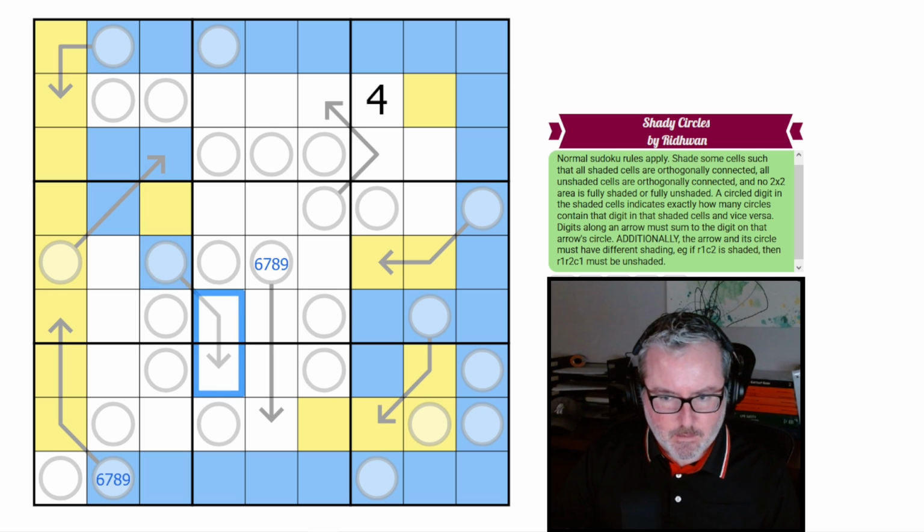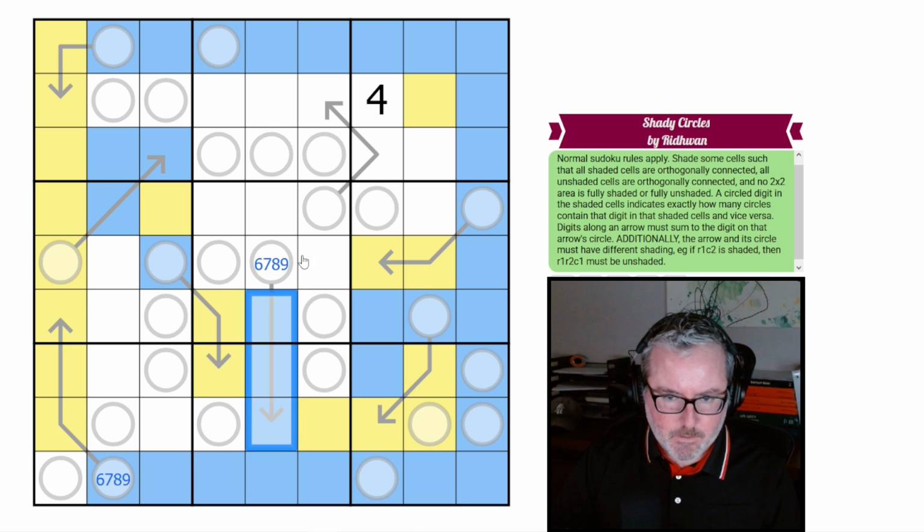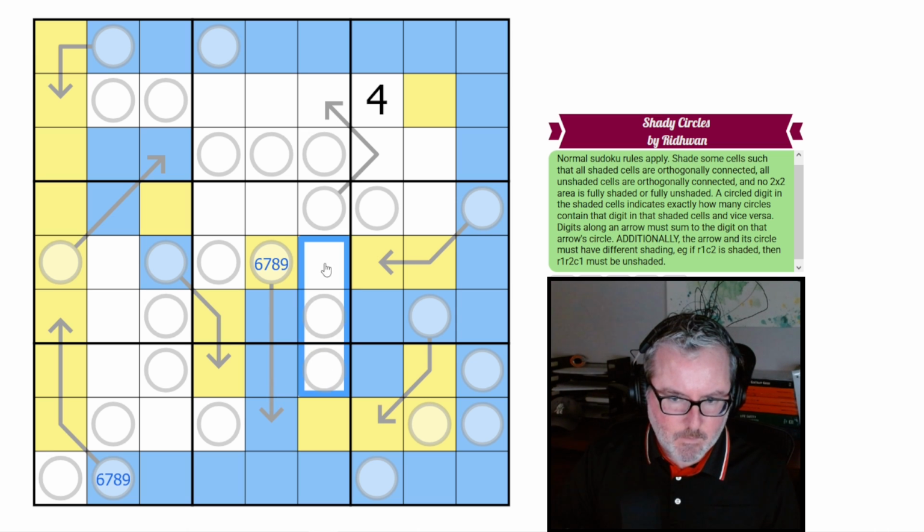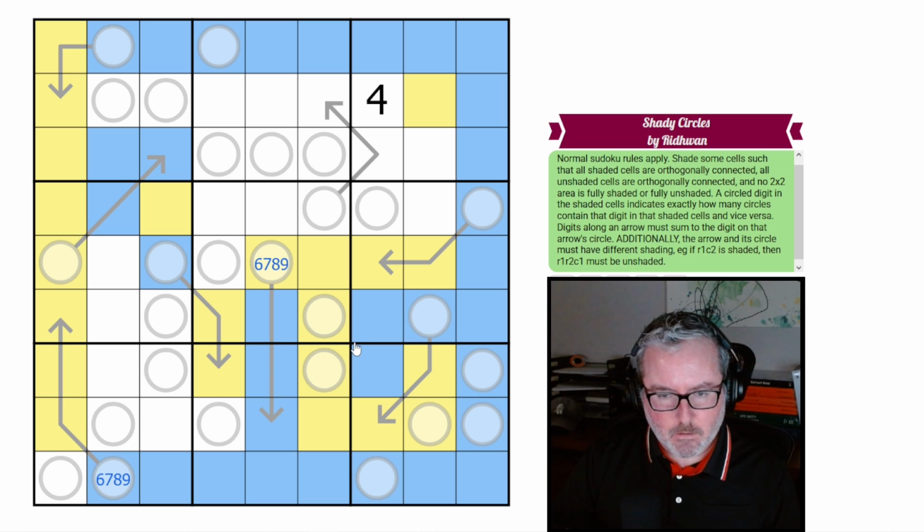Let's go back to this thought. It forces this. This has to get out. I'm not going to take this very far, but just want to have a little bit of a visual there. This has to get out. This would have to be blue.